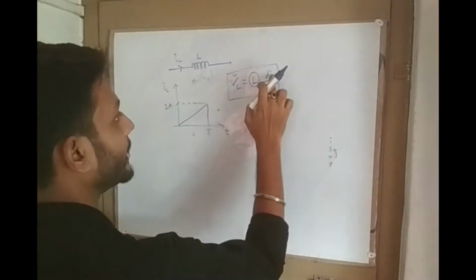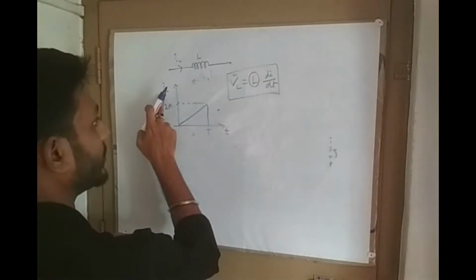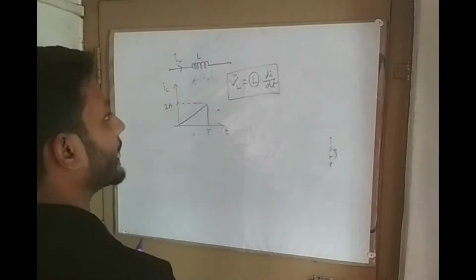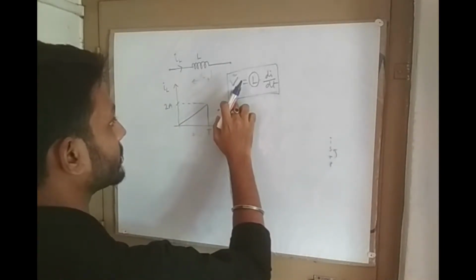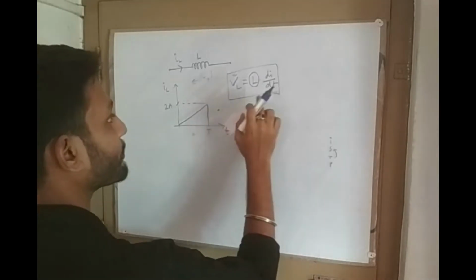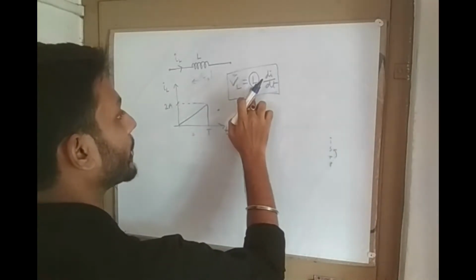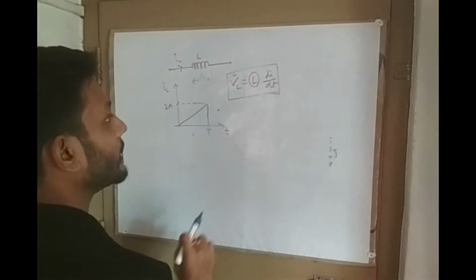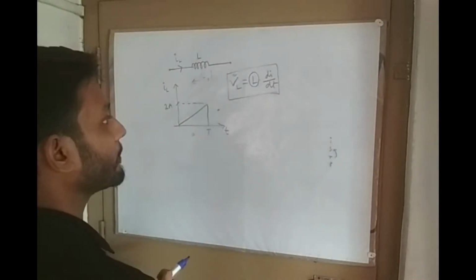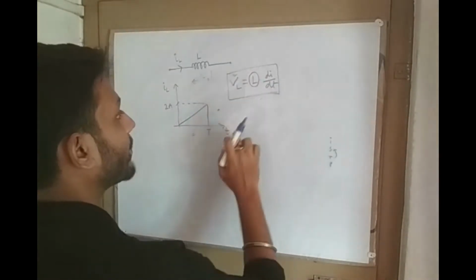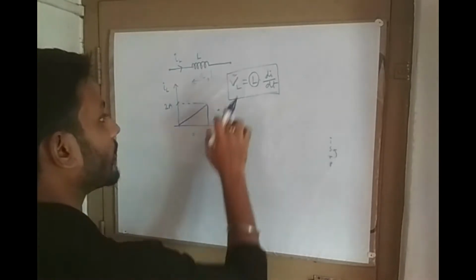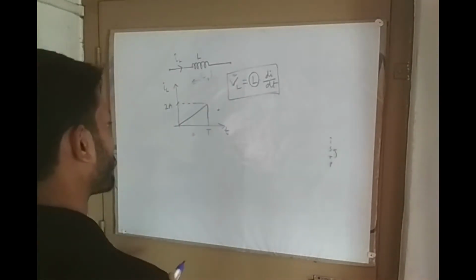If we take the derivative of this current, di dt, then we will get the idea of VL waveform. Then we will multiply this with this constant term. The wave shape will be same, the magnitude value will be different. So if we can find this di dt value, then the wave shape of VL we will get.